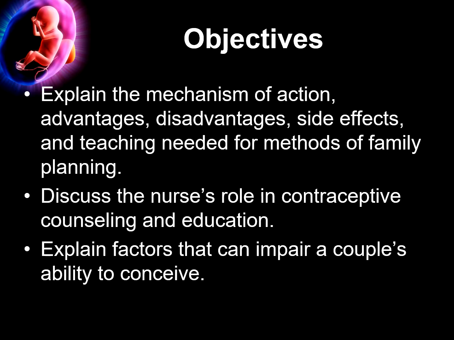Also, to explain the mechanism of action, advantages, disadvantages, side effects, and teaching needed for methods of family planning, discuss the nurse's role in contraceptive counseling and education, and explain factors that can impair a couple's ability to succeed.